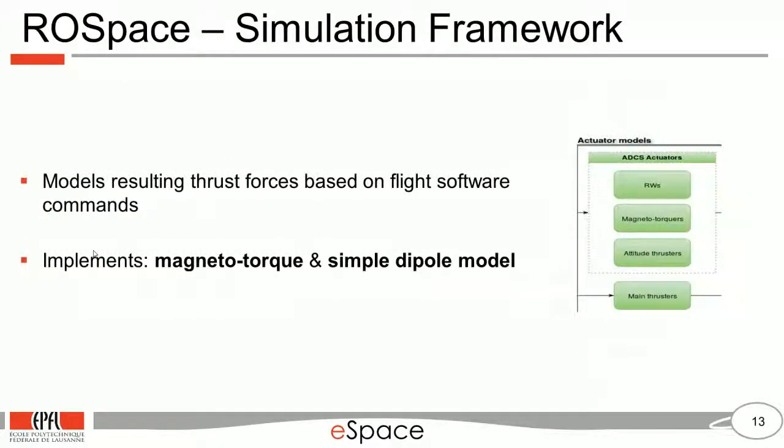We have on the other side actuators for which we need models. They're typically your reaction wheels, your magnetorquers, attitude thrusters, main thrusters, and so on. So again, here we need to have something that can take a model for such an actuator and link it into a simulator.